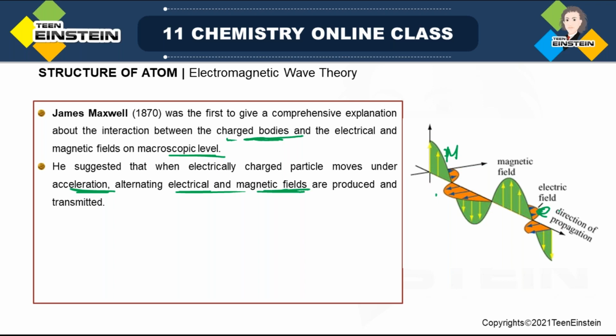Now these two are perpendicular to each other, and if this is the direction of propagation of the wave, then the magnetic field is 90 degrees to the direction of propagation, and the electric field is also 90 degrees. So this angle is 90 degrees, right? And this angle is also 90 degrees. Individually both of them are 90 degrees to the direction of propagation, and the magnetic field and electric field are also 90 degrees to each other.